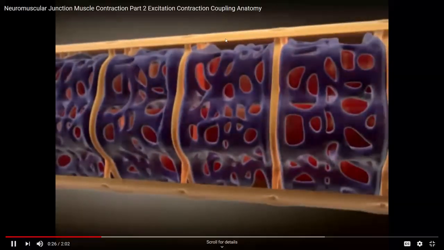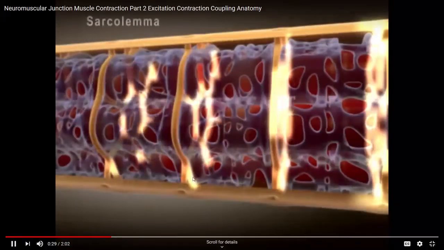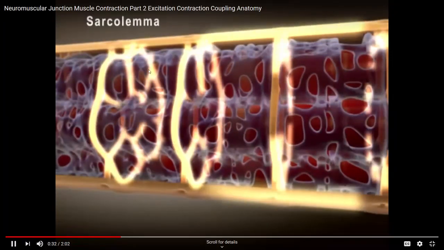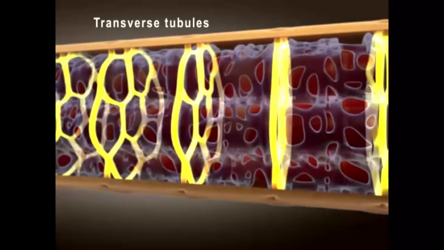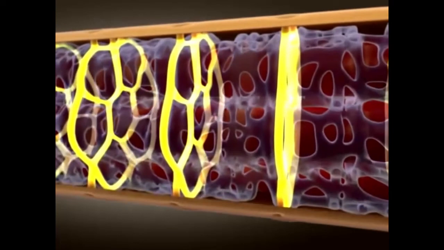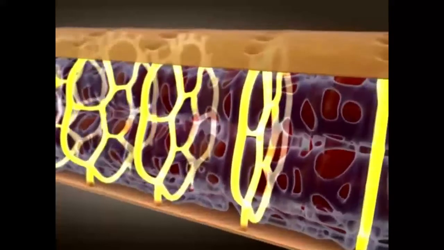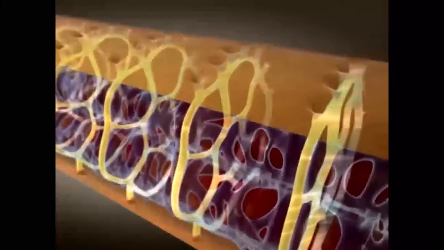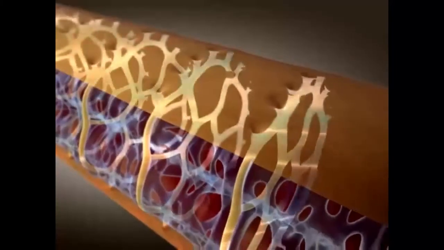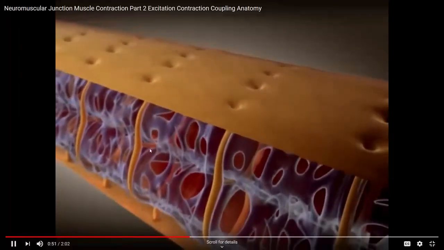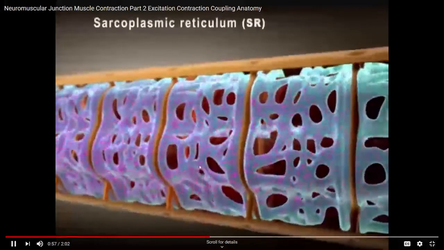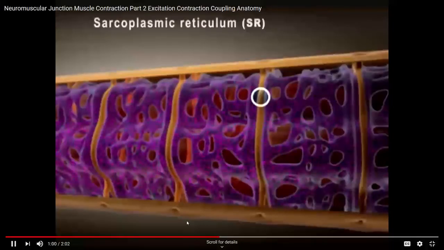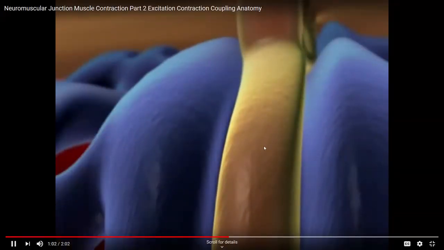So here's our muscle cell. Here's our T-tubule. And here's all of the sarcoplasmic reticulum. There's the SR. There's our triad: T-tubule, terminal cisternae, terminal cisternae.